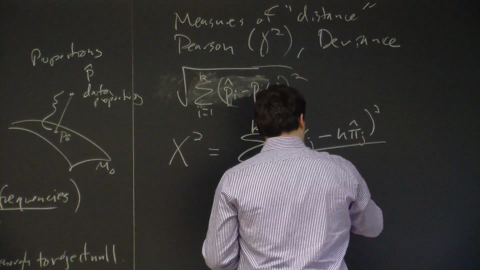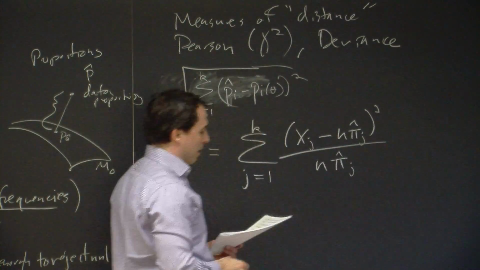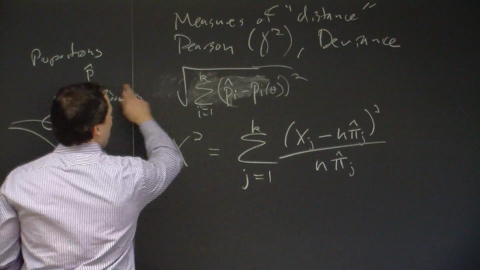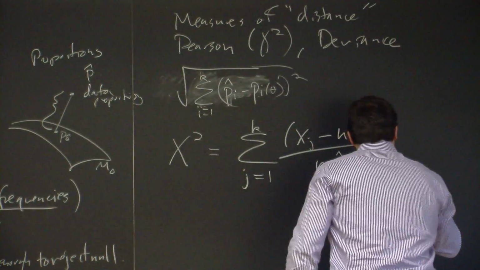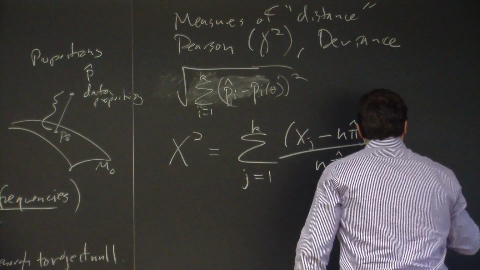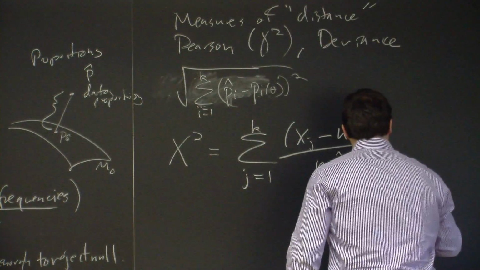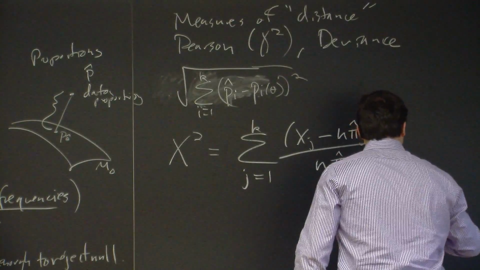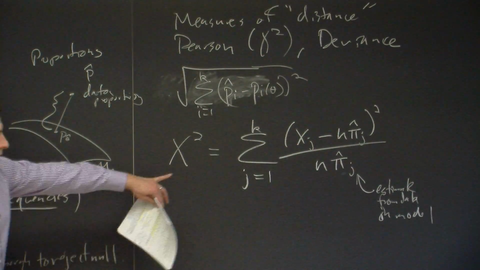So this is for a table of counts with estimated vector pi_j. So pi_j is what I wrote as p theta. This is what we estimate from data on the model. And this is just what the data is, the raw data.